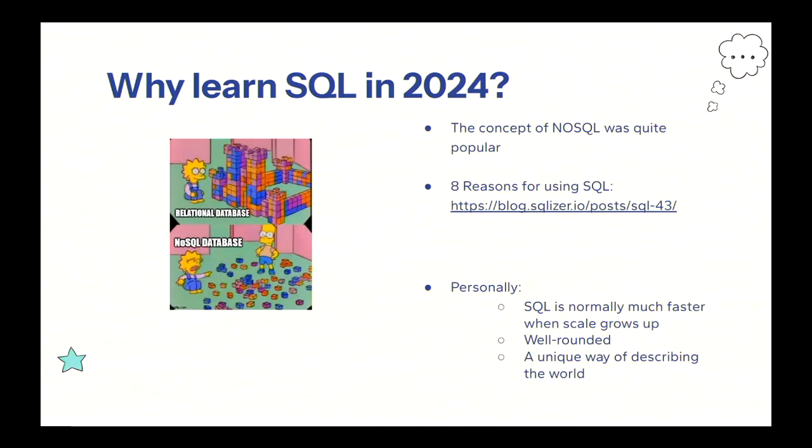It can only store key value pairs. So SQL is actually a balance between speed, between performance, and capability of describing the data. And last but not least, it provides us a unique way of describing the world.